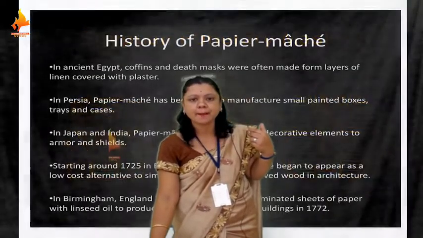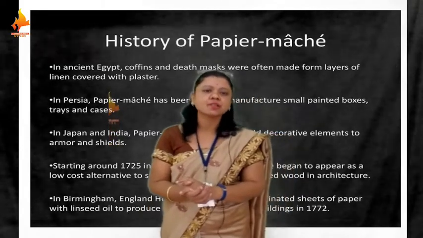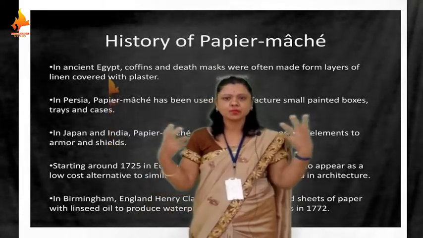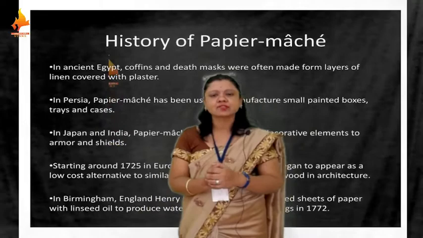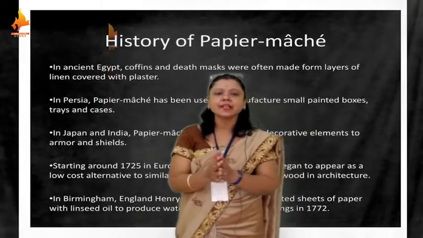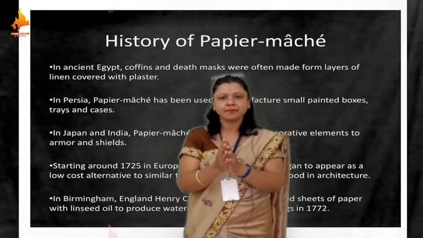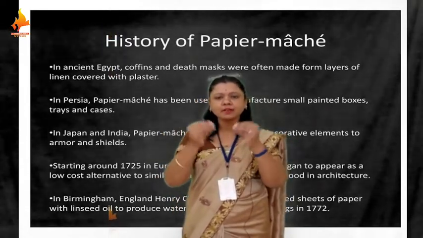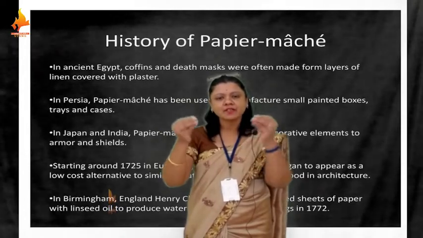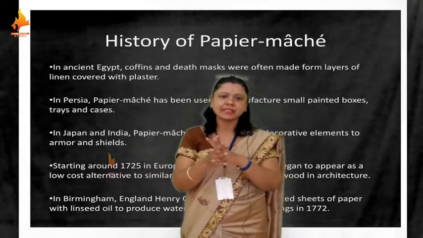So the history of paper mache is there in ancient Egypt. Coffins, you know the coffins, and death masks were often made from layers of linen covered with plaster. Plaster means paper, right? But along with that, some materials they were adding and preparing coffins in Egypt.